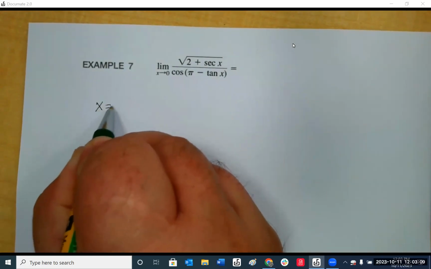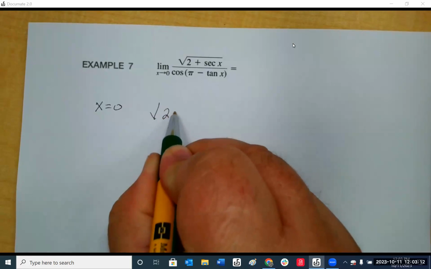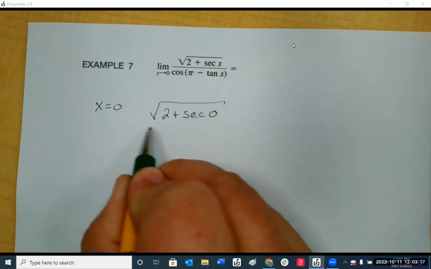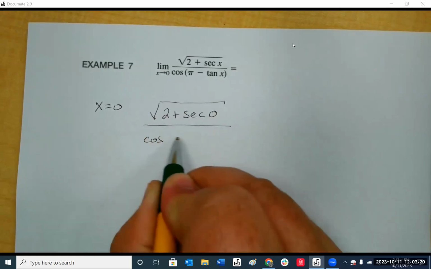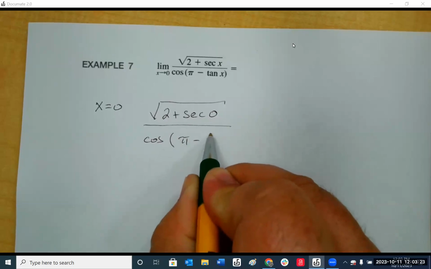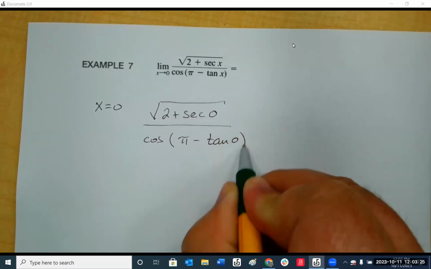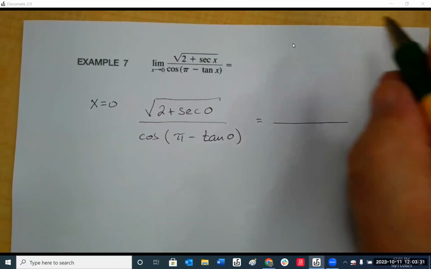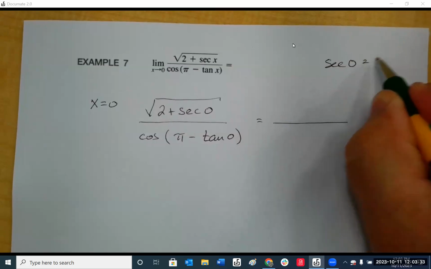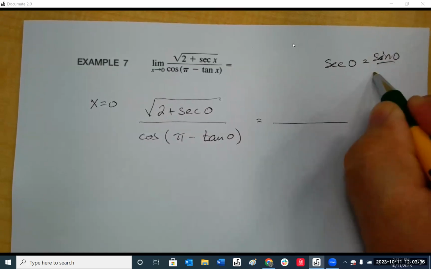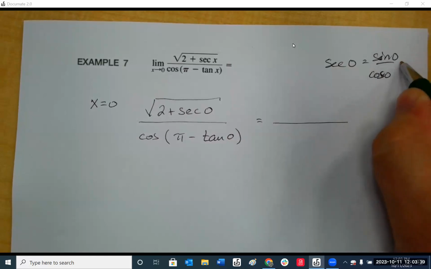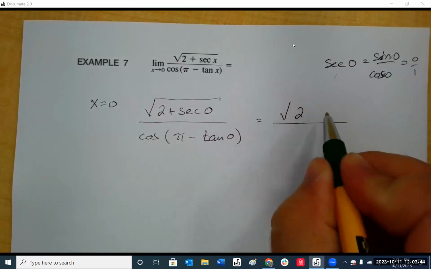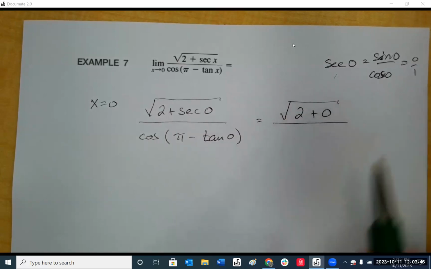So we set x equal to 0. 2 plus secant at 0 over the cosine of tangent at 0. Secant at 0 is sine 0 over cosine 0, which is 0 over 1, which is 0. So square root of 2 plus 0.